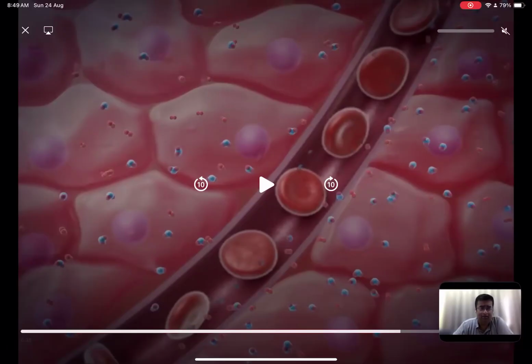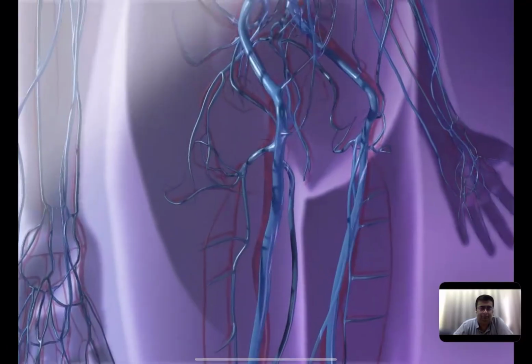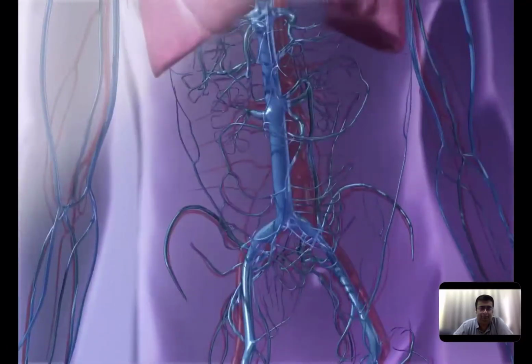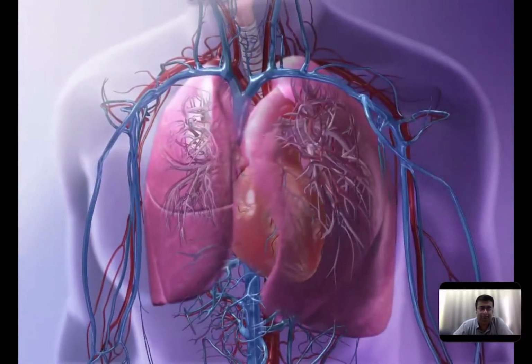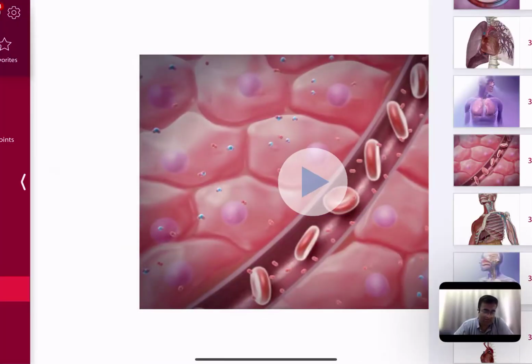It could be in the dissolved form in plasma, or in the form of bicarbonate, sodium or potassium bicarbonate, or in the form of carbaminohemoglobin. It is carried inside red blood cells and in plasma. The deoxygenated blood travels through the vasculature and back to the lungs, where carbon dioxide is expelled from the body. That is about internal respiration.